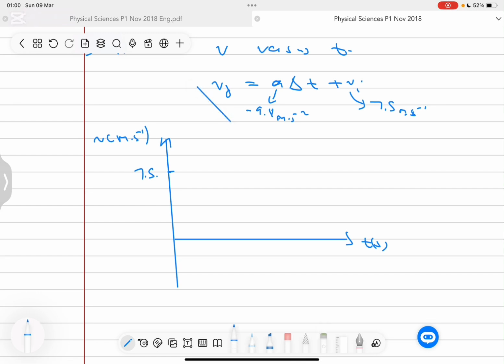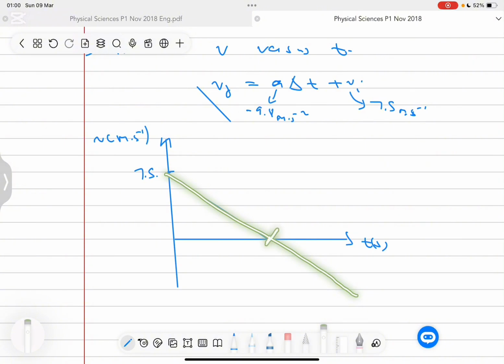So the graph will intercept the y-axis at the point of 7.5, and it will go down like that. However, I'm going to stop this graph here because the question says we must only show when it goes upwards until the maximum position, or the maximum height, maximum point. I'm stopping here because we know that this graph actually should go down until this point.